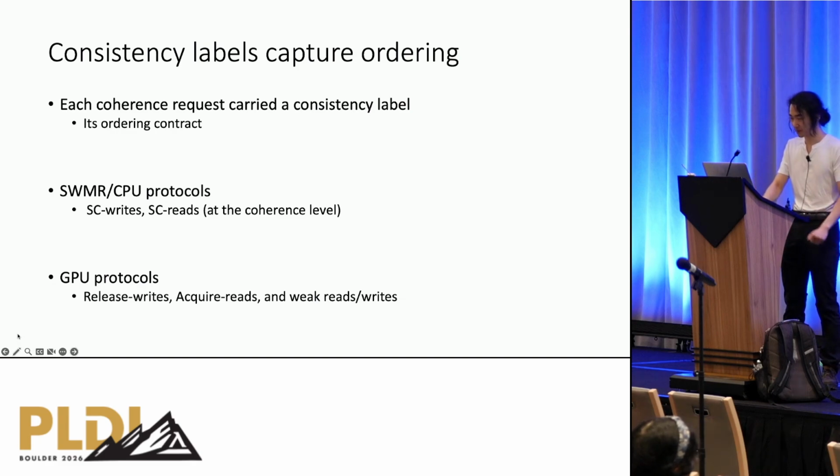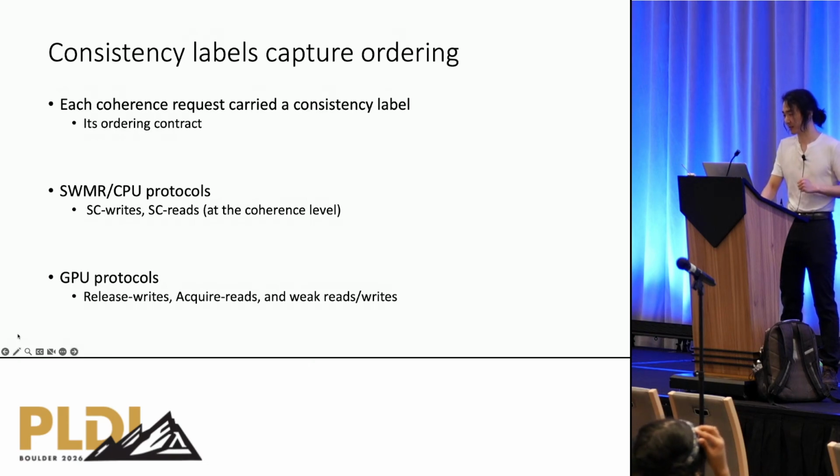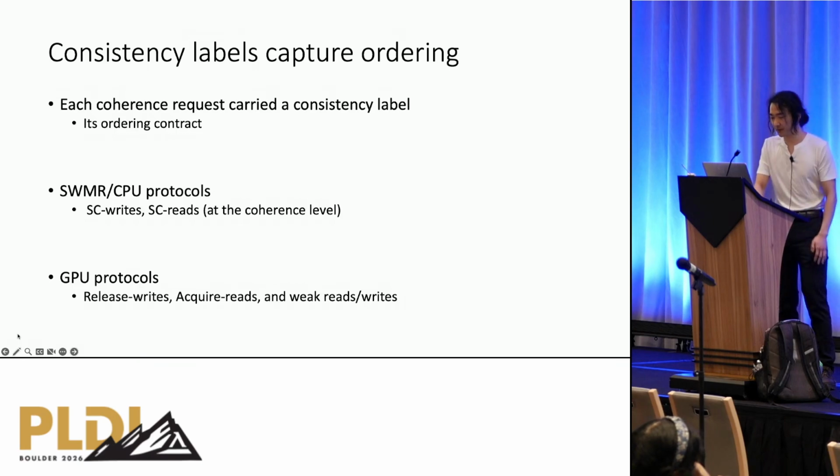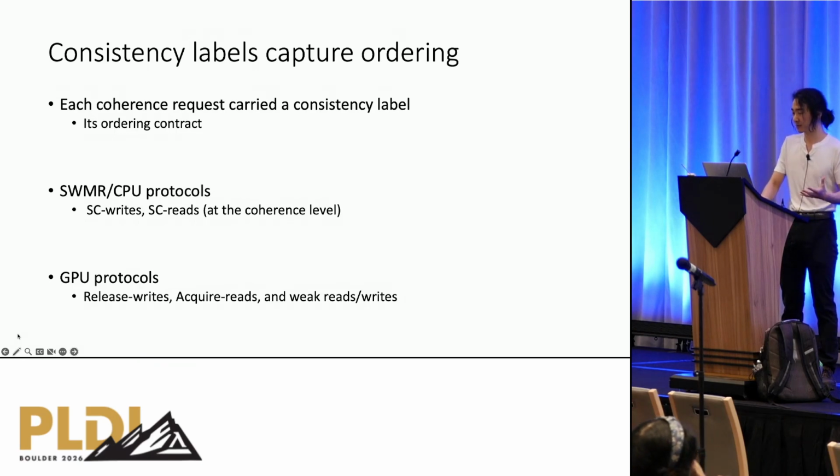Right. So the final piece is the consistency labels, through which we capture the ordering guarantees the coherence interface provides, effectively attaching an ordering contract to each request. So CPU protocols, for example, carry SC read and SC write labels because they enforce SC at the coherence level. More specifically, this is the consistency model at the coherence level, not the architectural one.